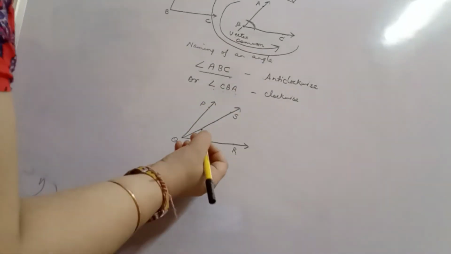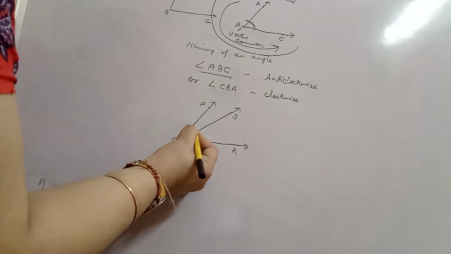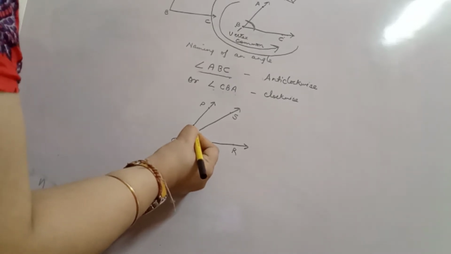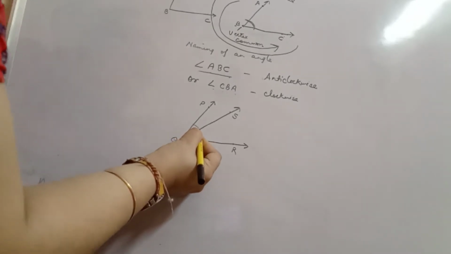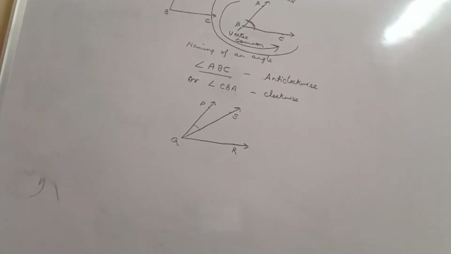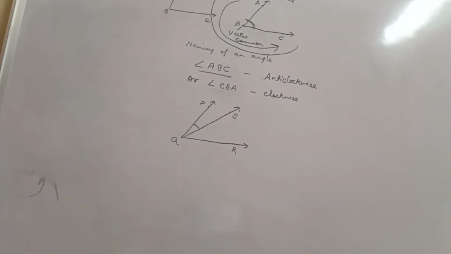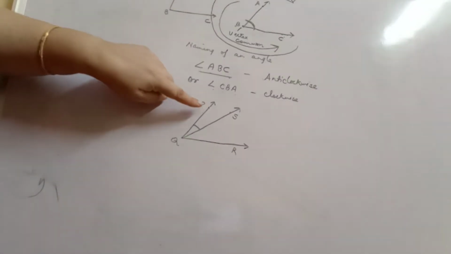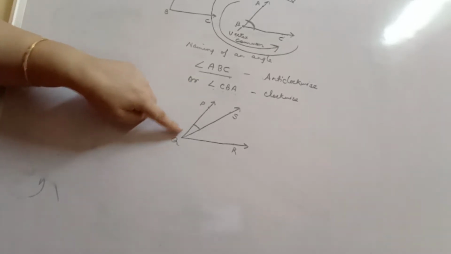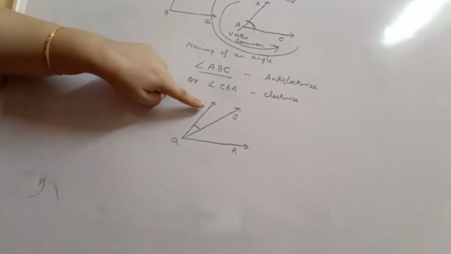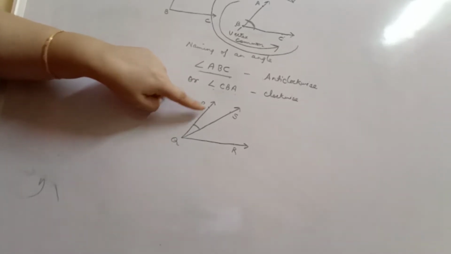Now suppose I start from this ray and go to the second ray. This is my marking of an angle. Now I ask you to write the name of the angle. Since I am starting from the PQ ray, I will start with the points PQ.